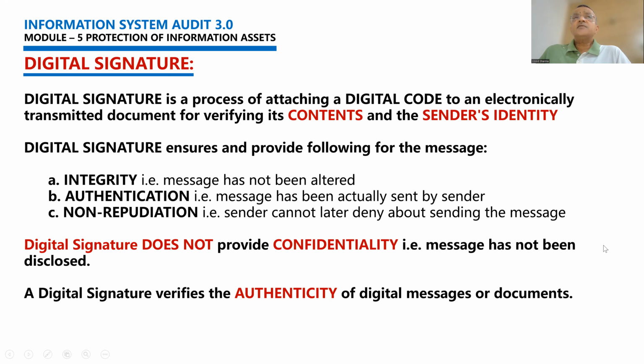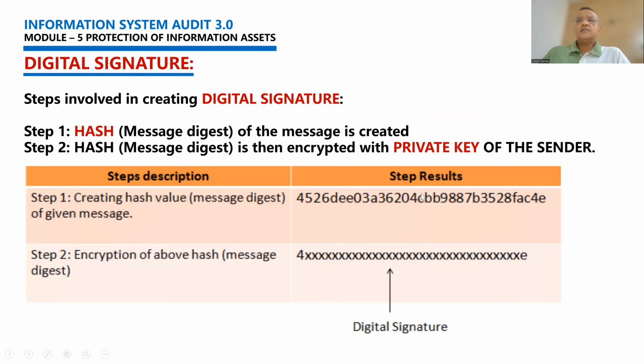A digital signature verifies the authenticity of the digital message or the document. Now let's see the technical aspect of digital signature. When you are signing your document using digital signature, you are basically using a hash algorithm, which tries to generate a hash of the message. It involves basically two steps.